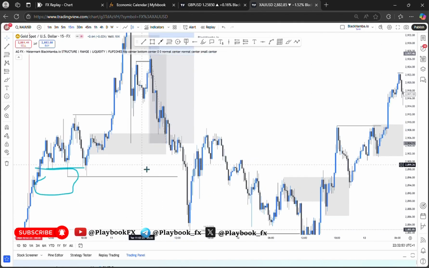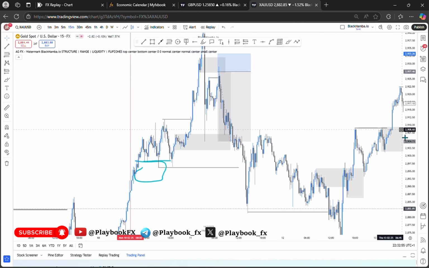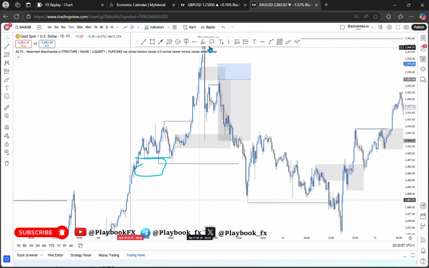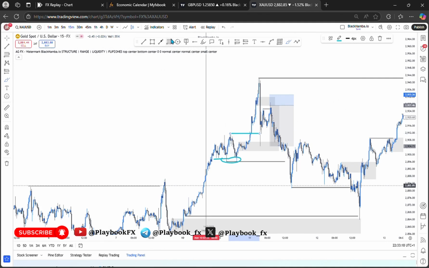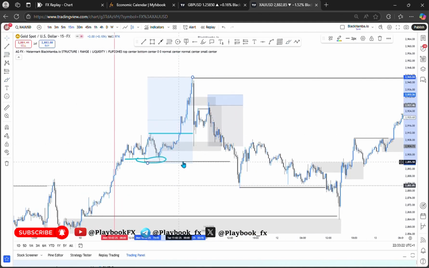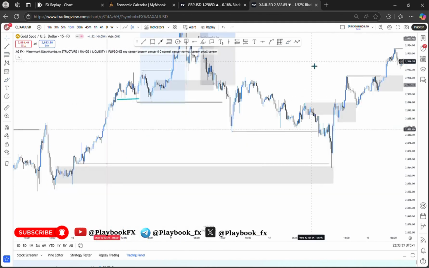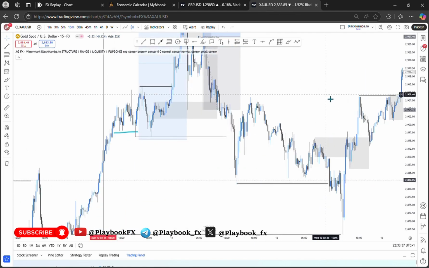So after price broke structure, remember this was the last low that swept liquidity and broke structure. Initially my range was like this, so immediately price took out the low, I started looking for potential reason to sell.